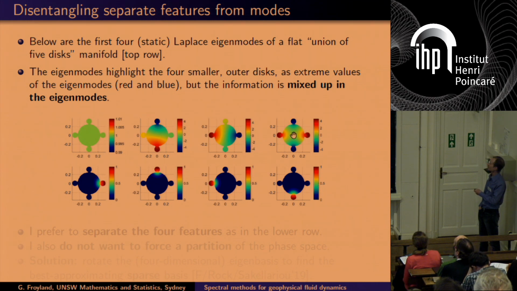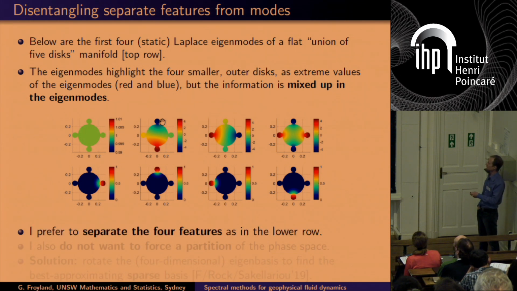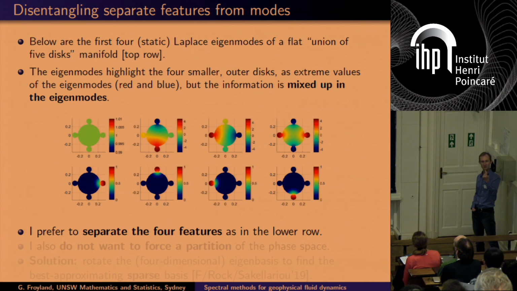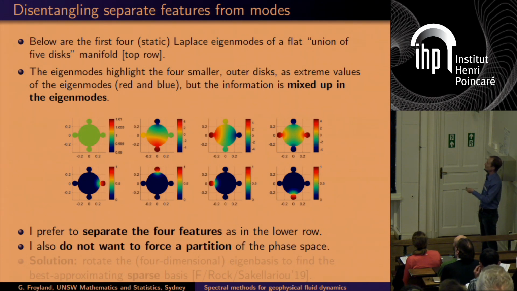And so you might say, well, clearly these 4 disks are the important things. But what you would really like is to have something like the lower set of vectors, because each of these vectors has just one of these 4 disks in each of them. Yeah? And I don't want to force a partition of the phase space. It's kind of clear from the above that the big disk is not as highlighted as the small disks.